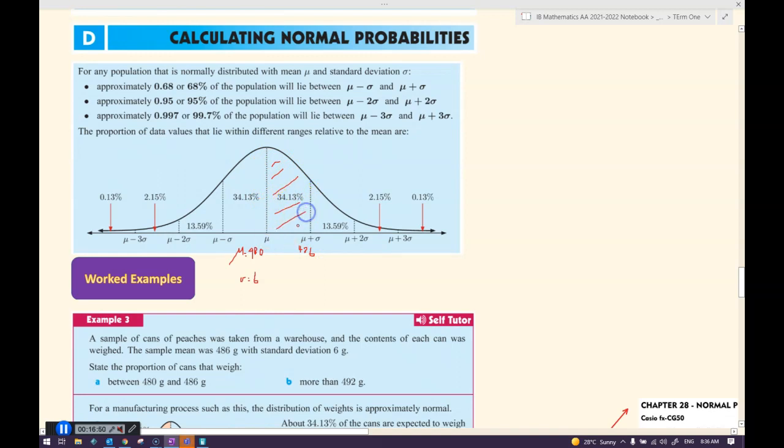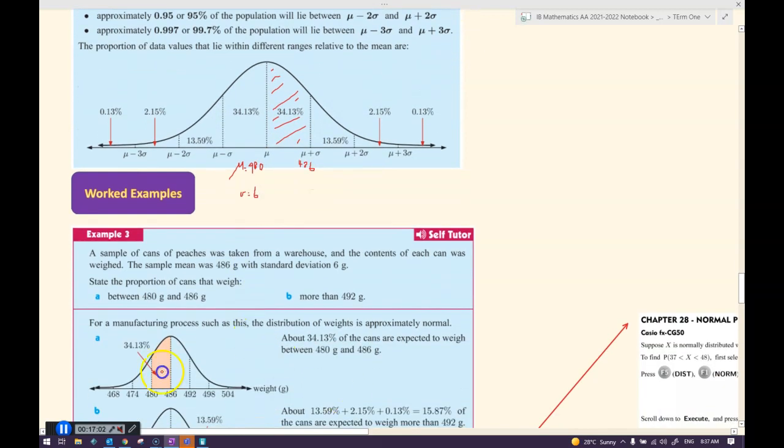And you can see, I know we called it the 68, 95, 99.7 rule, it's actually 68.26, so 0.3413 or 34.13% of scores lie within that range. Here again, I read it wrong: 486 was the mean, and they wanted between 480 and 486. So actually, shift that one to there, that one to there, and they were finding that area.